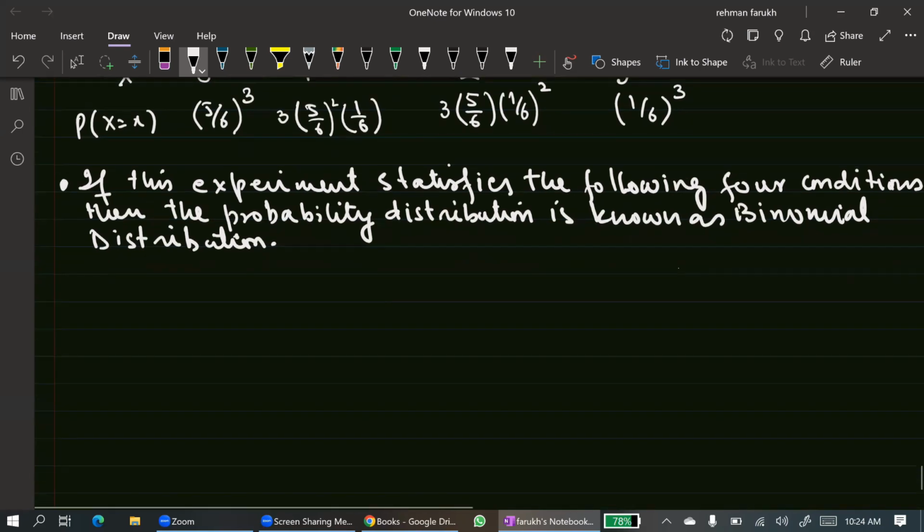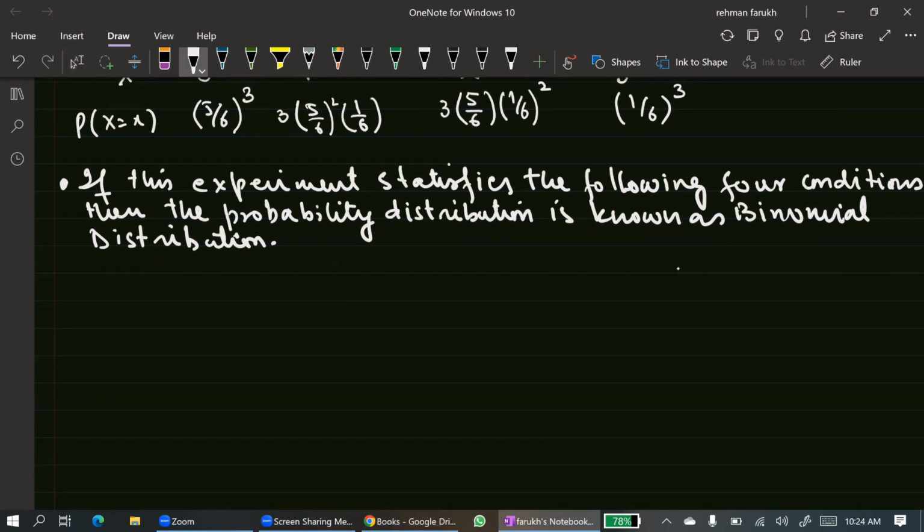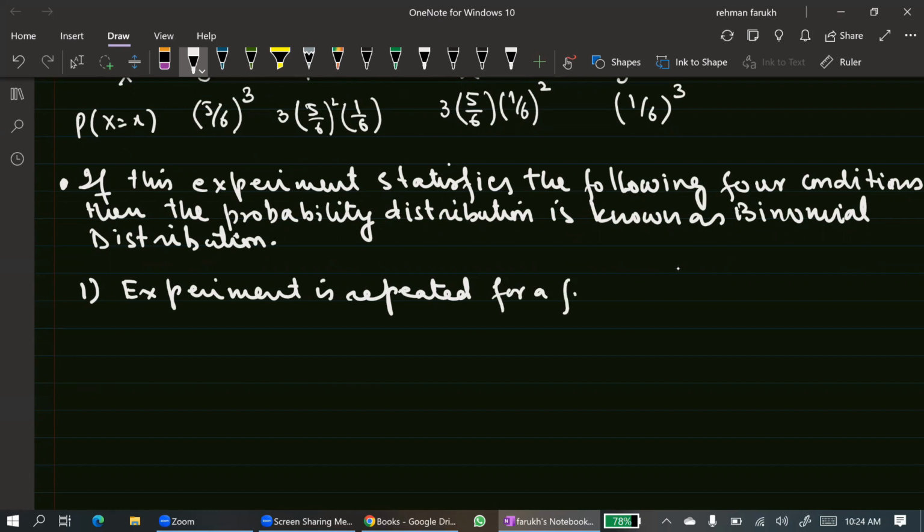Condition number 1 is: the experiment is repeated for a fixed number of times.